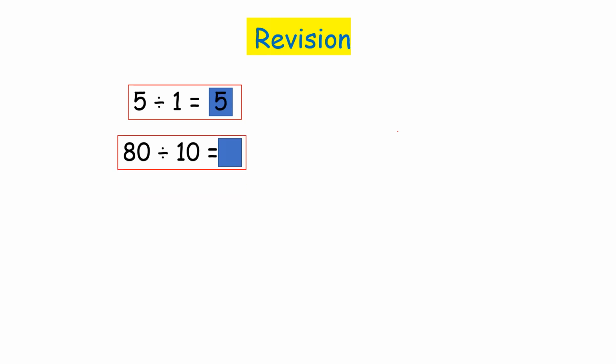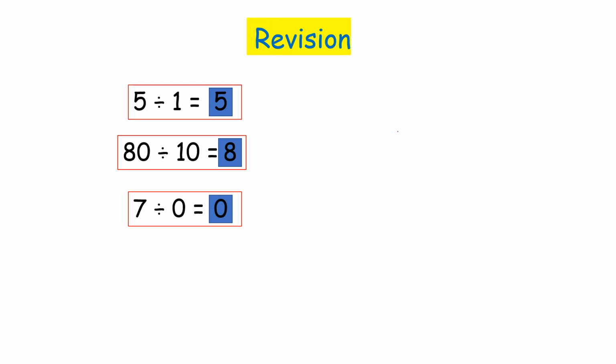Let us revise our previous lesson. What is 5 divided by 1? It is 5. What is 80 divided by 10? It is 8. 7 divided by 0 is 0. So remember, any number divided by 1 equals the number itself.